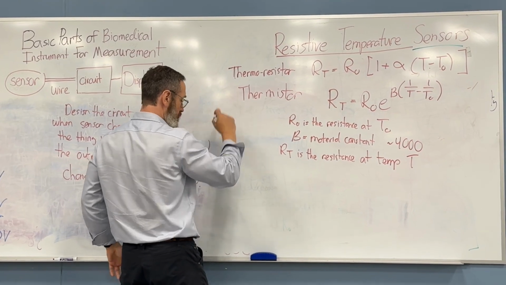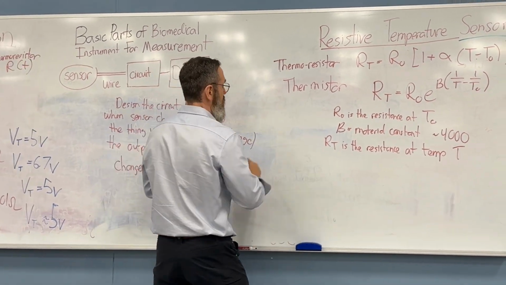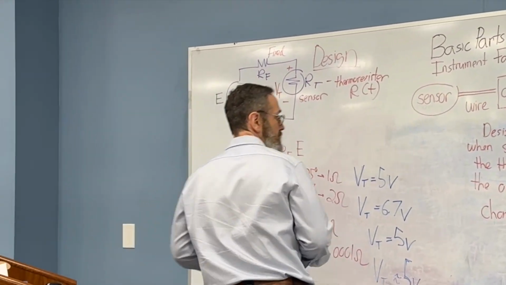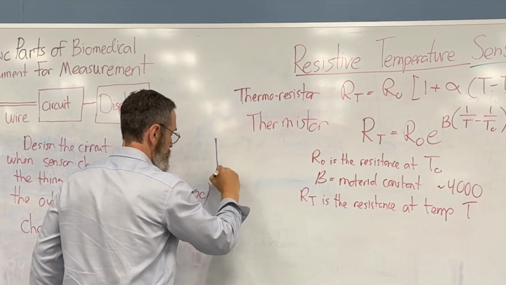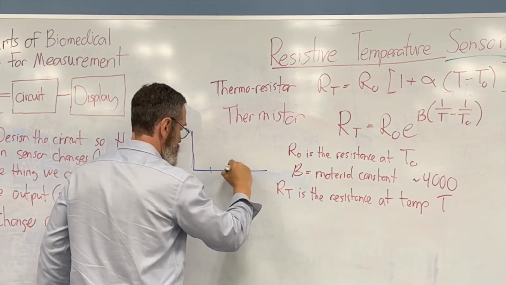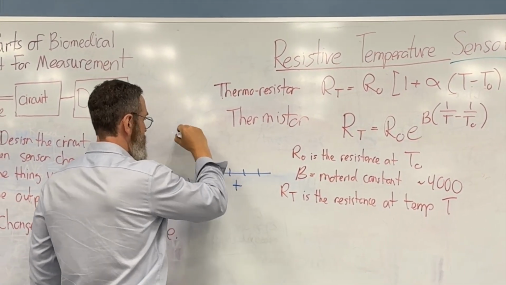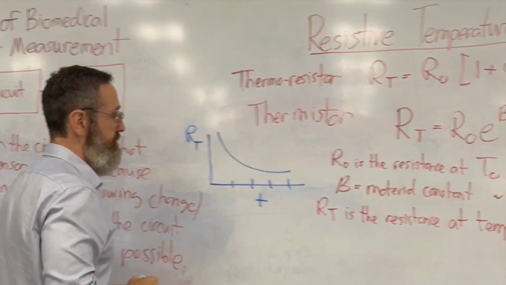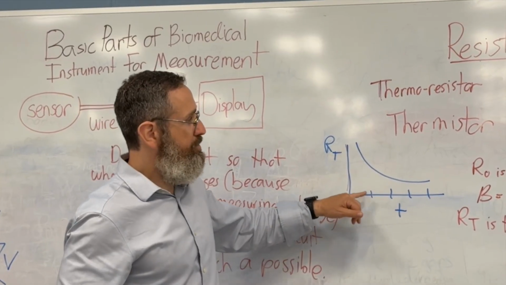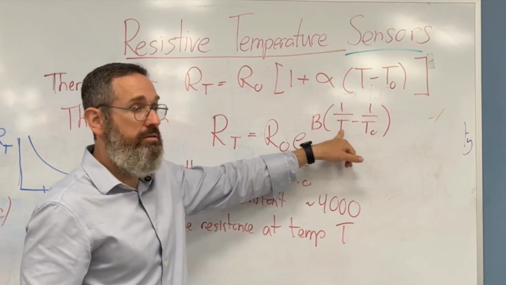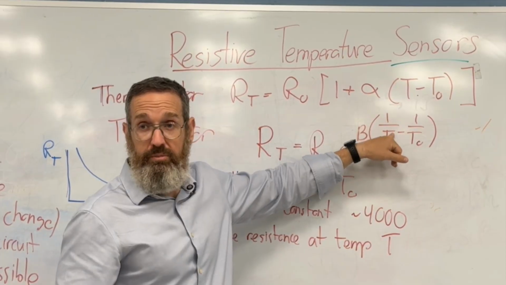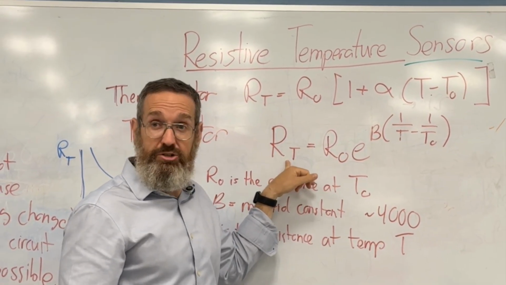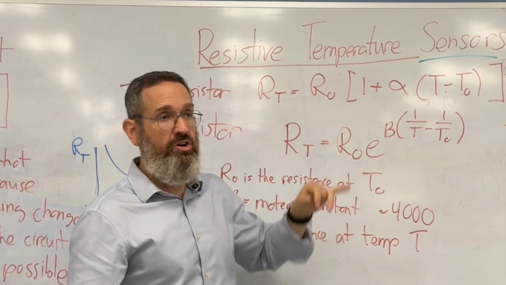However, if you were to plot a thermistor's behavior as a function of temperature, so here we have temperature, and here we have the resistance of the thermistor, it would look something like this. As the temperature increases, 1 over temperature decreases, so this value decreases, whereas before we saw an increase.